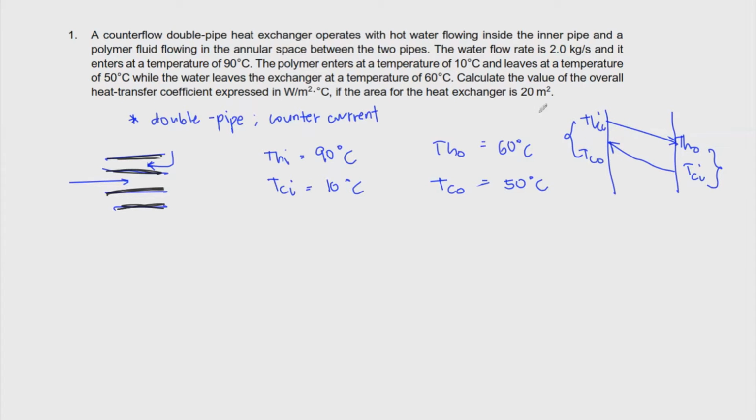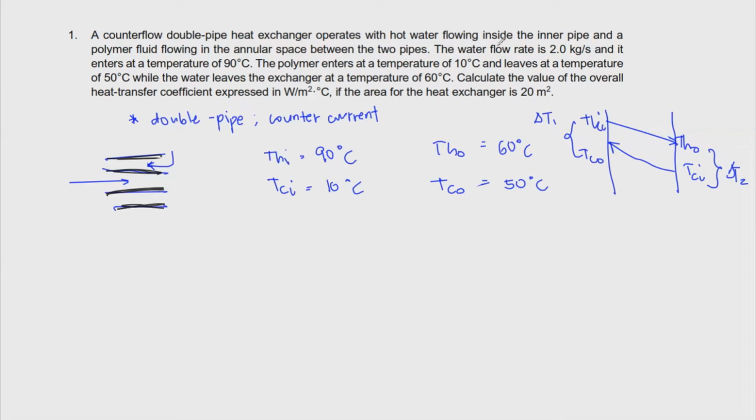So, that is our delta T1, and this one is our delta T2. Now, it can be interchanged. Pwedeng ito yung delta T2 and delta T1. Basta, don't forget na ang kinoconsider natin difference is this HI and then CO. And then, lagi siyang H and C. Okay? Hindi siya pwedeng TH and then THO. So, this is for the temperature profile.